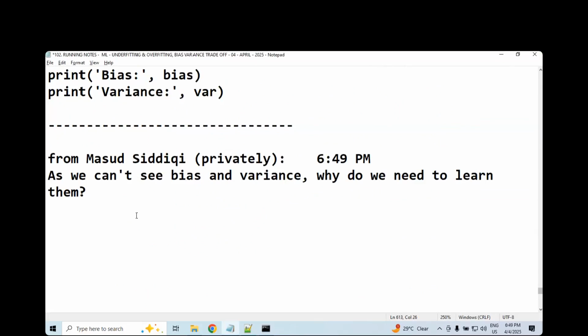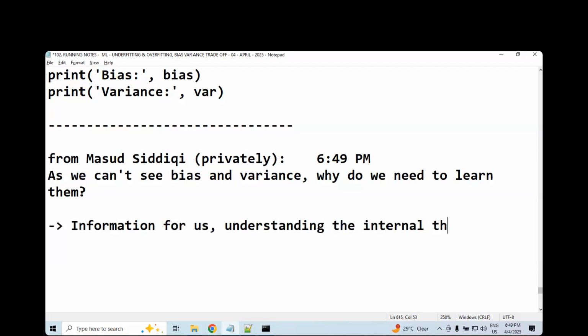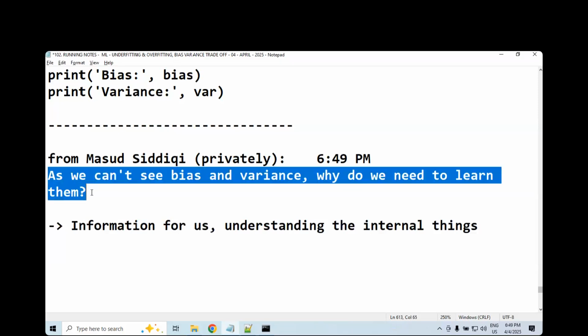Why do we need to learn them actually? Kind of some information for us, like understanding the internal process. Internal things actually. This is not our job actually. We need not calculate.